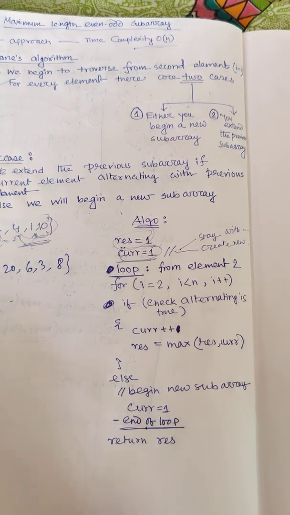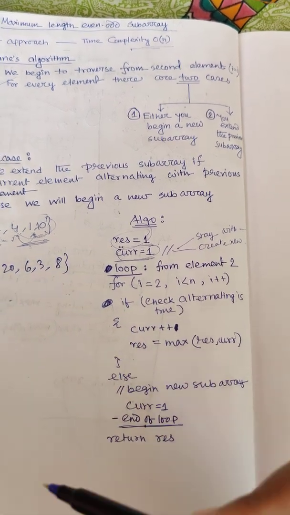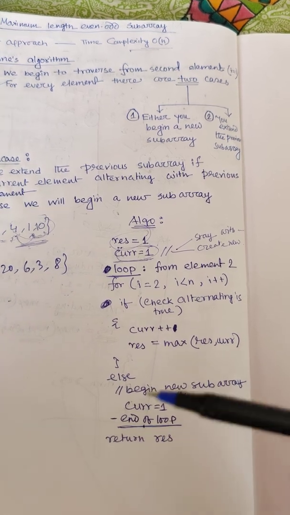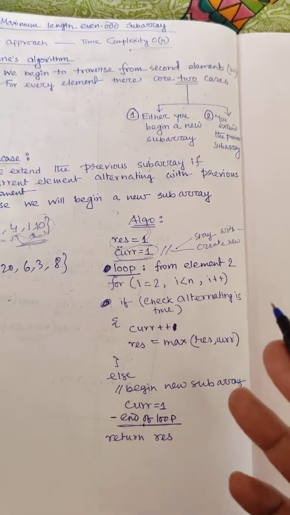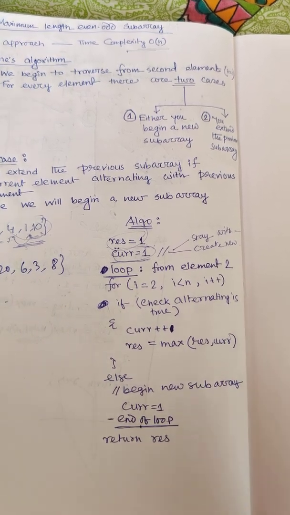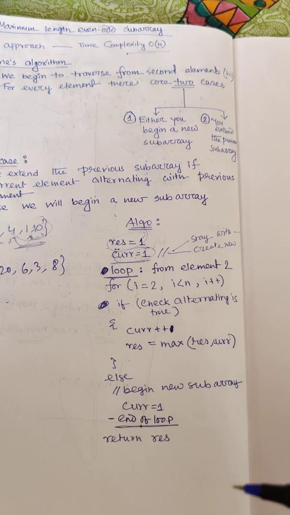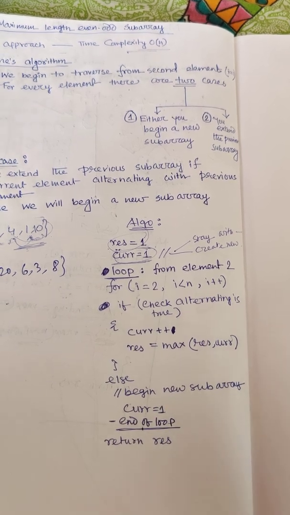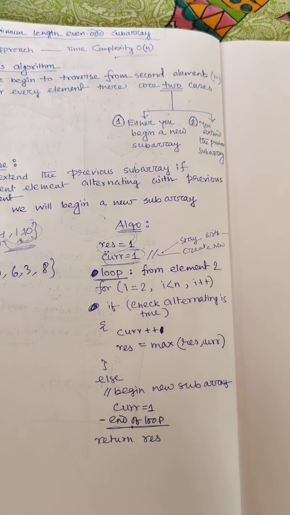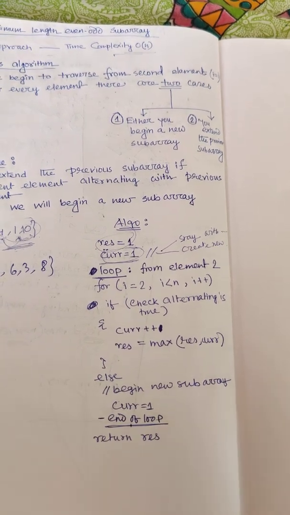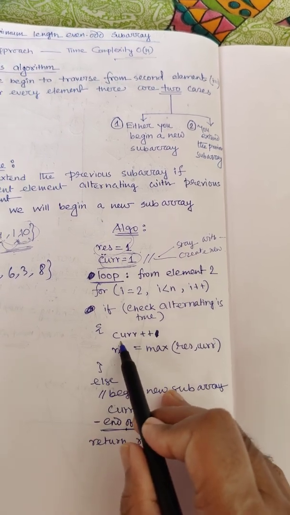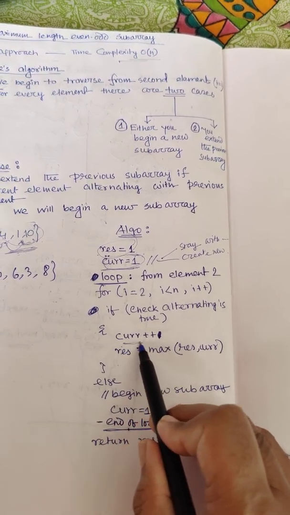And we check whether the alternating condition is true or not. That means, is the current element satisfying the even-odd alternating behavior? If it is, we have to include this element in our existing subarray.